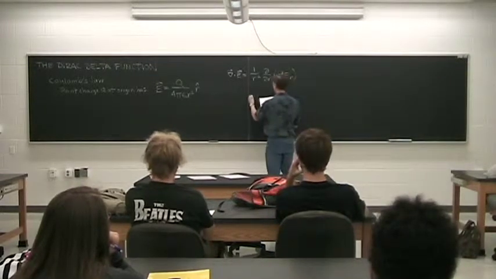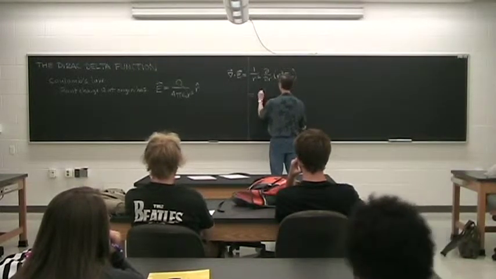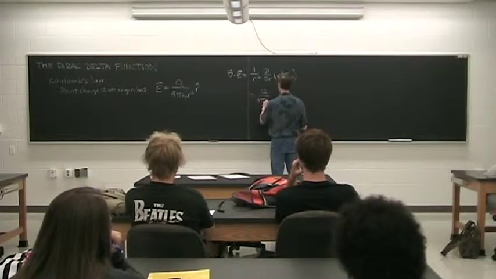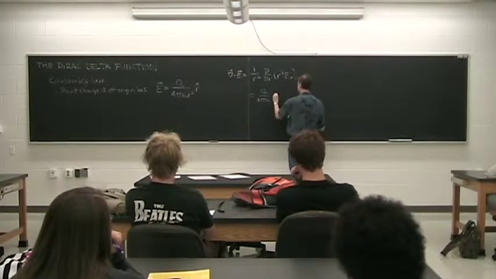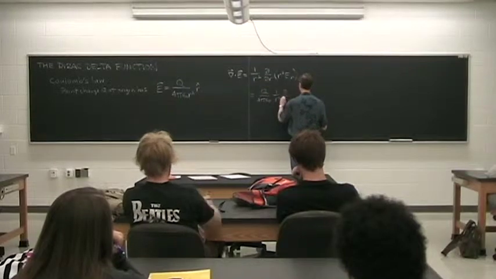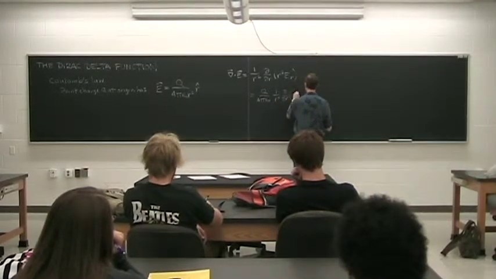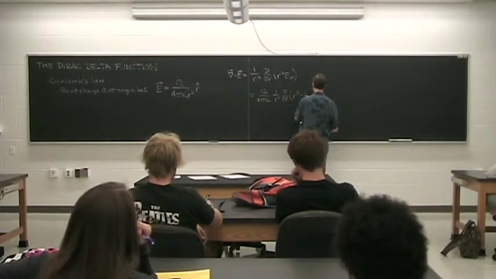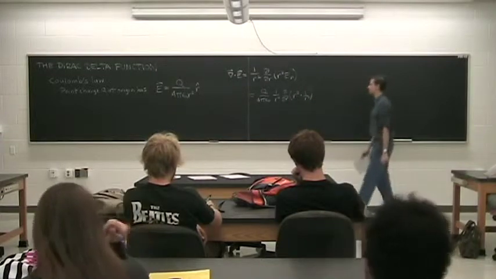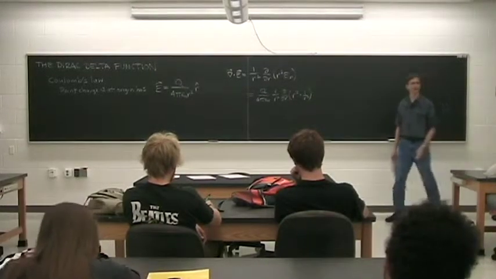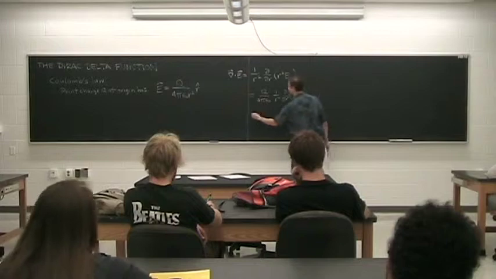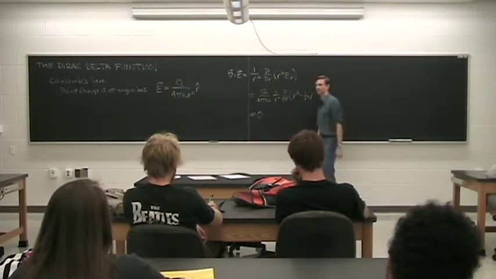So we find Q over 4 pi epsilon naught, which comes out as a constant, times 1 over r squared times the partial with respect to r of r squared times 1 over r squared, or in other words, the partial with respect to r of 1. So it immediately drops out that the divergence is 0 in spherical coordinates.